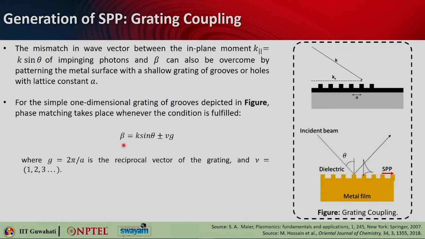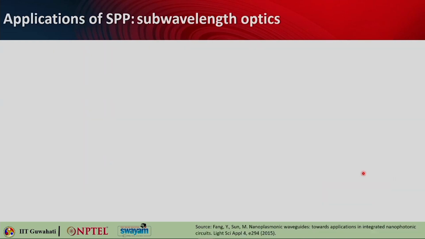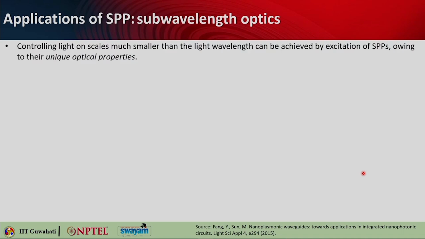So, there is a possibility that with one of these modes, beta, the propagation constant of plasmons, will have a phase match, and that is how you will be able to excite. And here it is also shown with a notation, as you can see, more field is towards the dielectric side and there is less field penetration into the metal side. So, this is an example of grating coupling for generation of SPPs.